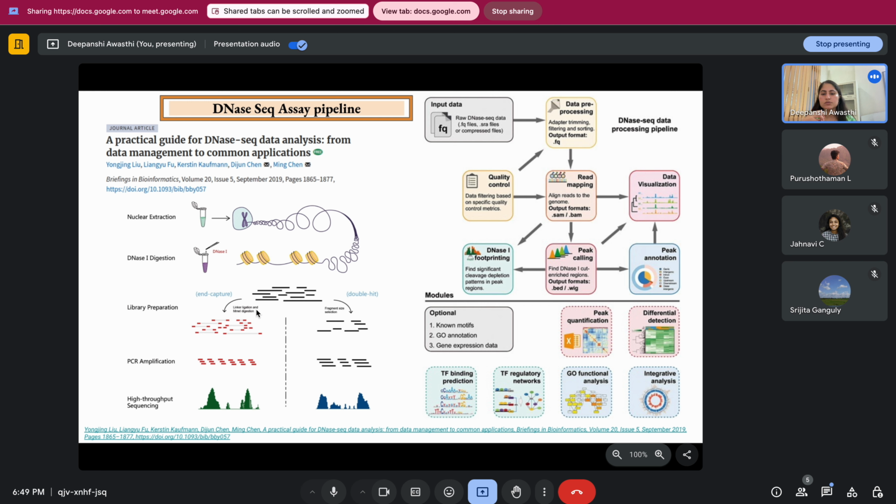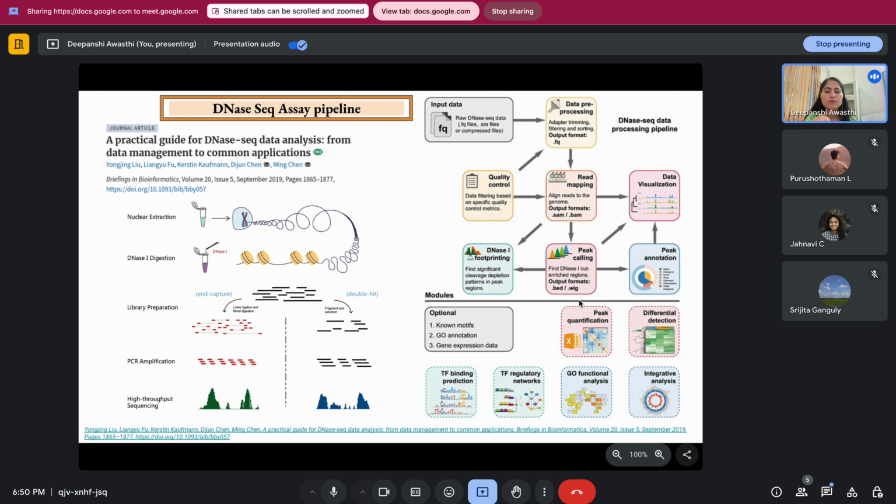As you have seen previously, biotinylation was done, so all those things will be done. Adapters will be bound to both ends of the DNA fragments. PCR amplification will be done, and after that we will go for high throughput sequencing, and obtain the sequence of those freely accessible chromatin regions.